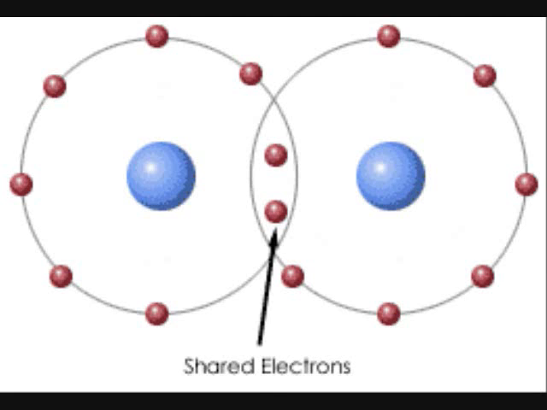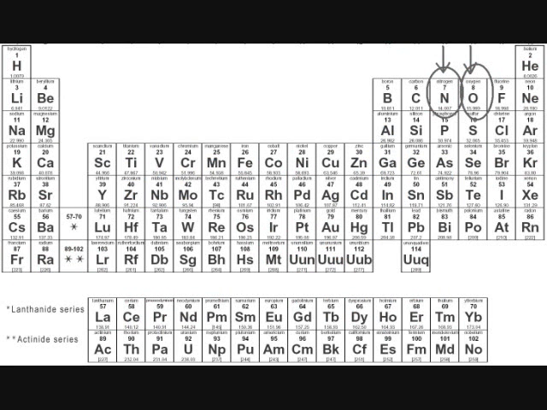Nitrogen is in the 15th family and oxygen is in the 16th family of the periodic table. This means that for nitrogen to stabilize, it needs 3 electrons and oxygen needs 2. Nitrogen has a total of 7 electrons and oxygen has 8 electrons. So the electron configuration for each of them is going to look like this.